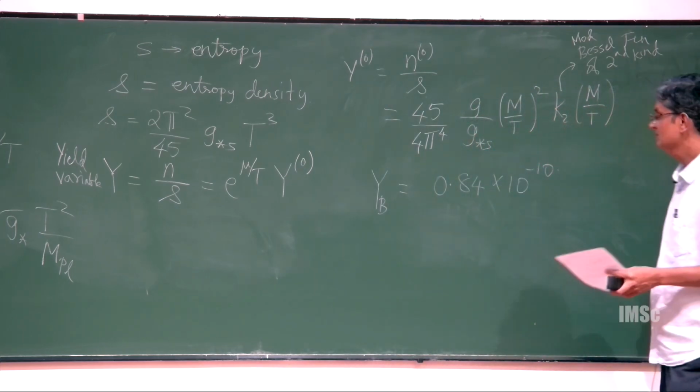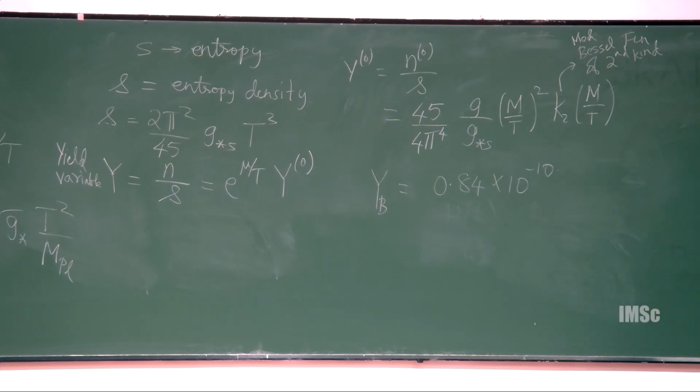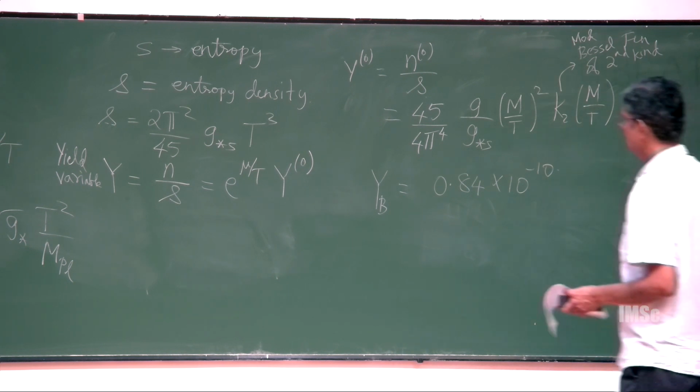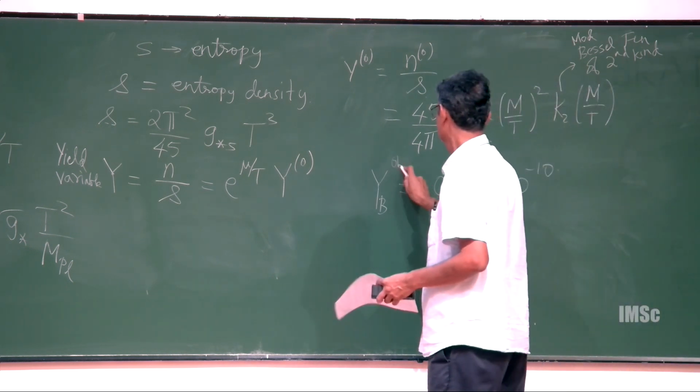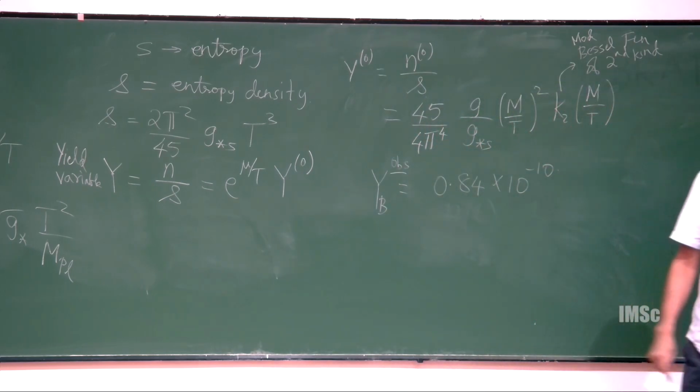Given that n_B of some 6 times 10 to the minus 10 that I had, right? So I can correspondingly get this Y_B. So this is the observed value of the yield variable for baryons.